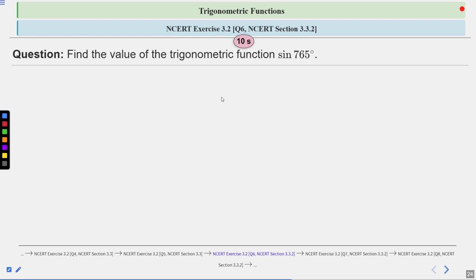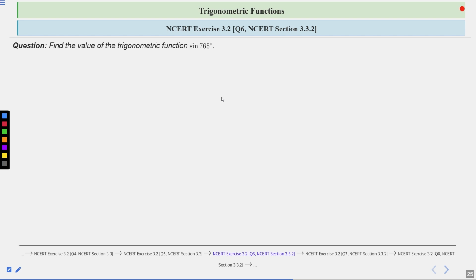So the correct answer will be 1 by root 2.